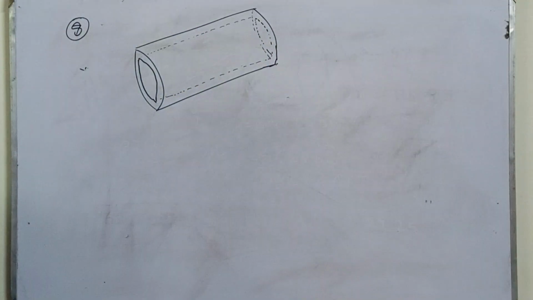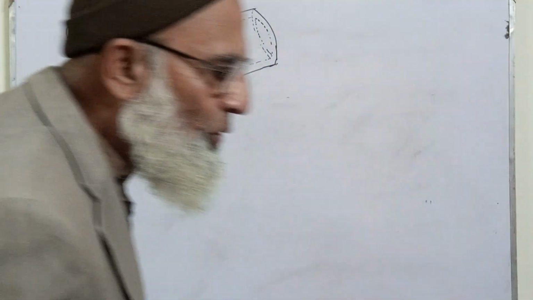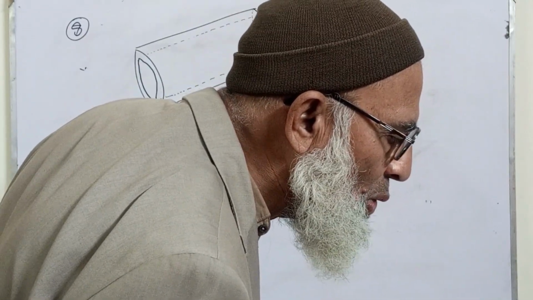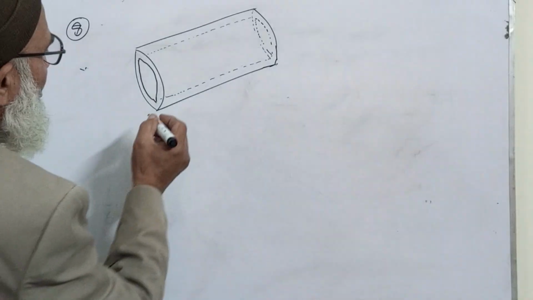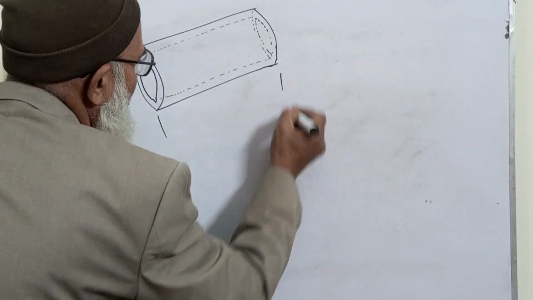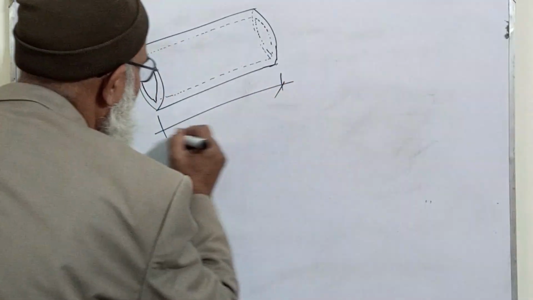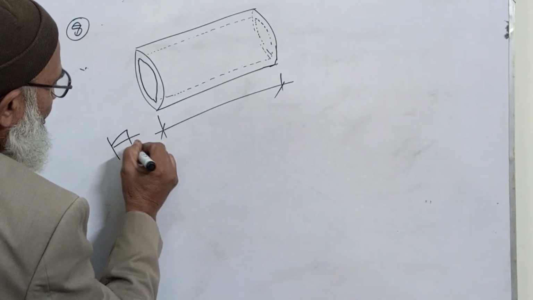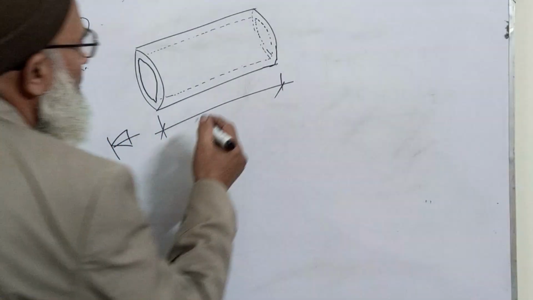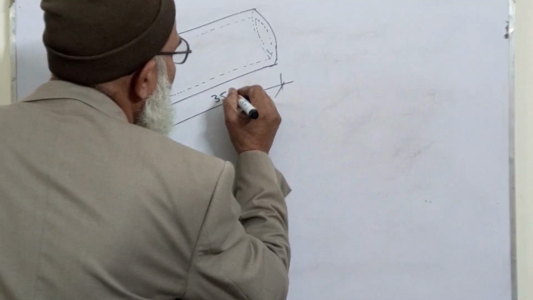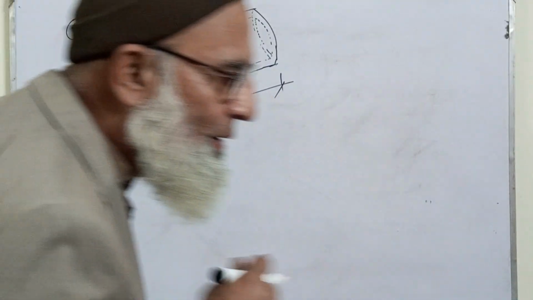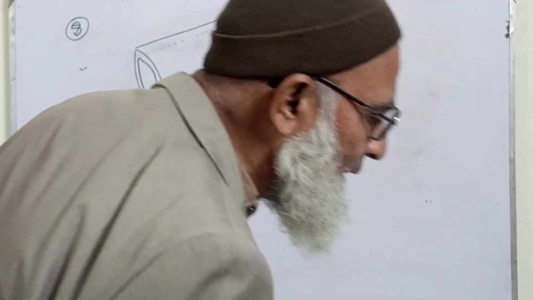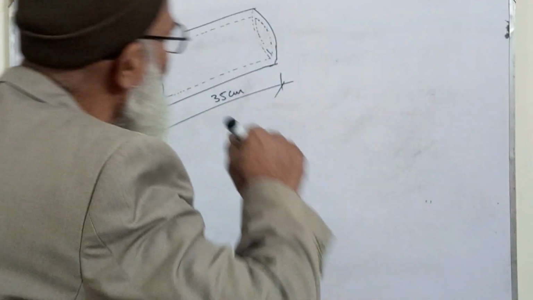So this is almost the rough picture, and I have to add the dimensions. The tube is 35 centimeter long. Now the longest is this one. You can also use the arrows. That is 35 centimeter. The exterior diameter is 10.4 centimeter.